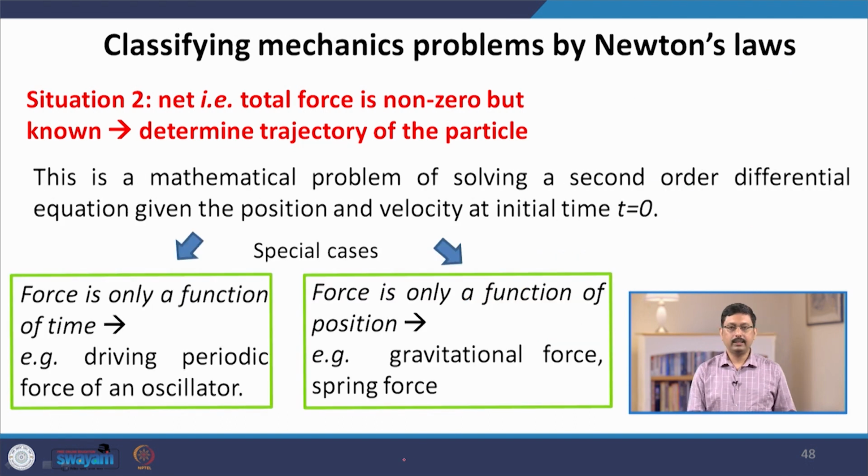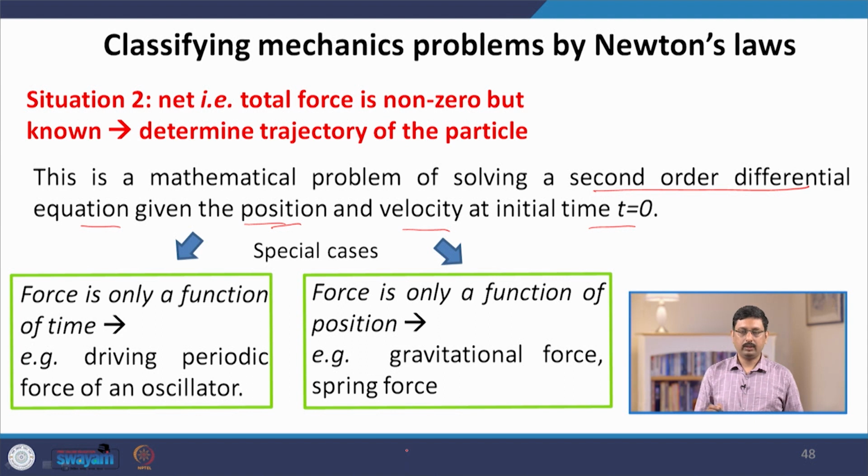So, this situation is now a mathematical problem of solving a second order differential equation. As you know, if you want to get a unique solution out of a second order differential equation, you need to supply two constants of integration. These can be thought of as the initial position and initial velocity at t equal to 0.